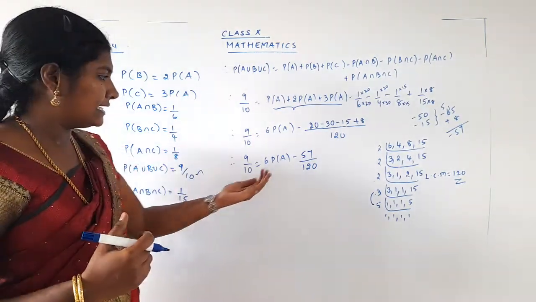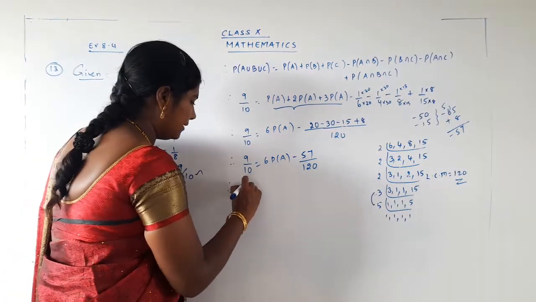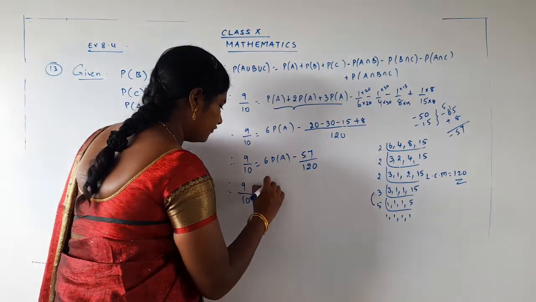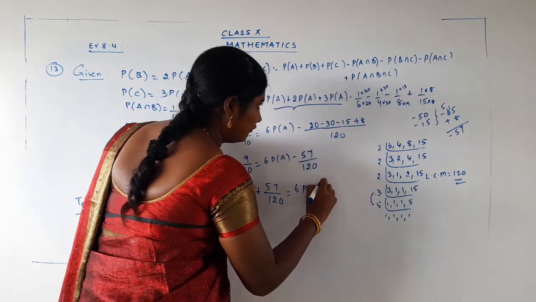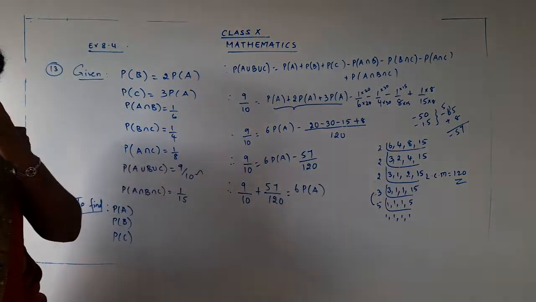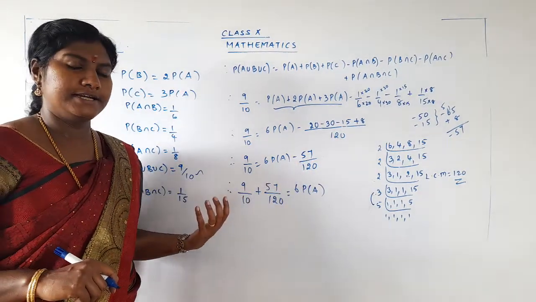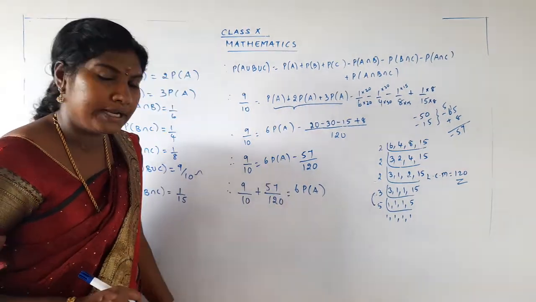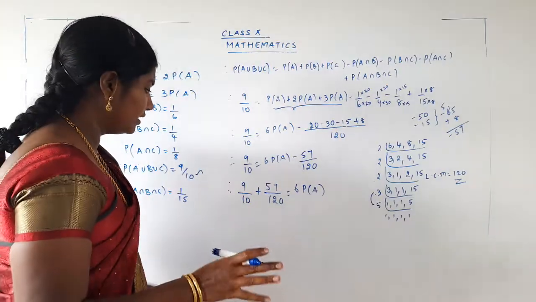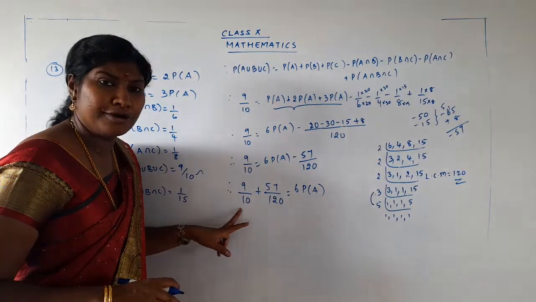Now what I do is I take this term to the left hand side. I get 9 upon 10 plus 57 upon 120 is equal to 6 times probability of A. This is negative, so when it comes to the left hand side it will turn to positive. Now you see here we have the denominator as 120 and here we have the denominator as 10.